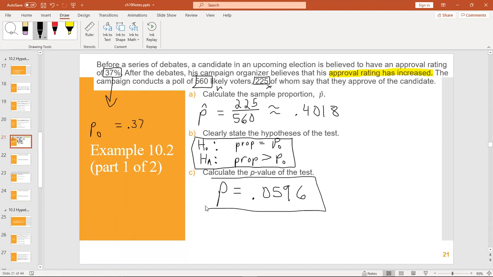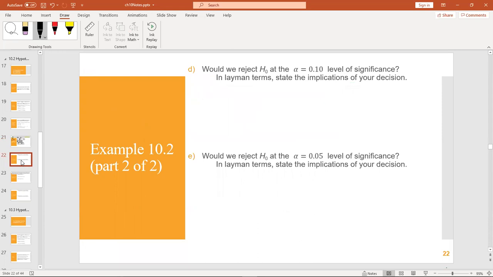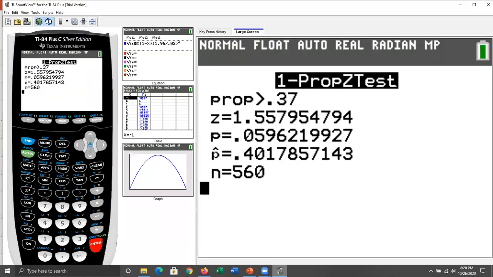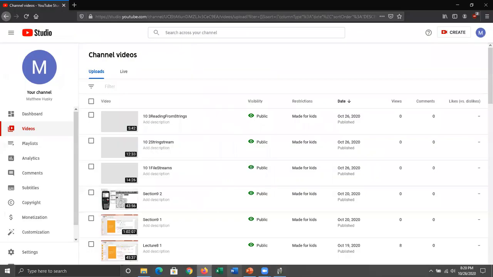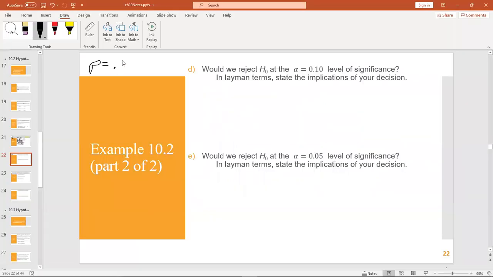All right. So the question is, do we accept or reject? Well, that depends on the significance level that you pick. So again, just to reiterate, P was 0.0596. So alpha is 0.10. Would we reject it?